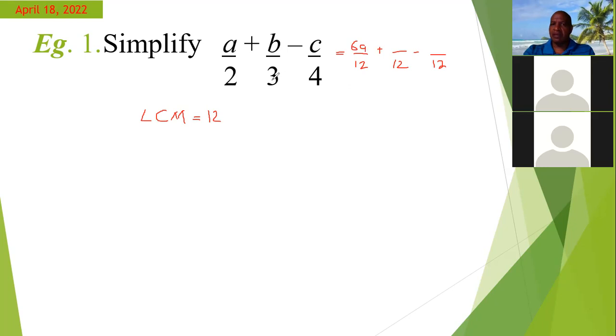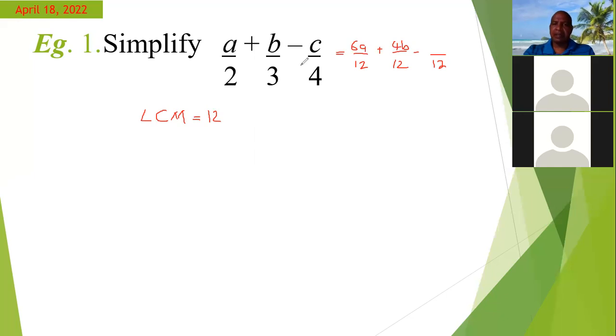And then we say what to do to 3 to get 12. You would multiply it by how much? 4. All right, so this means you would multiply the B by 4. Next, what do we multiply the C by? 3.